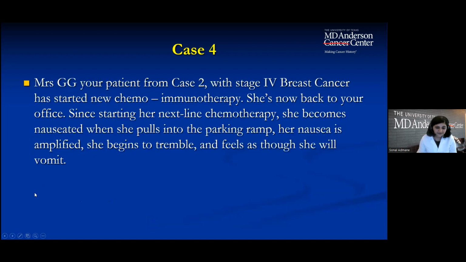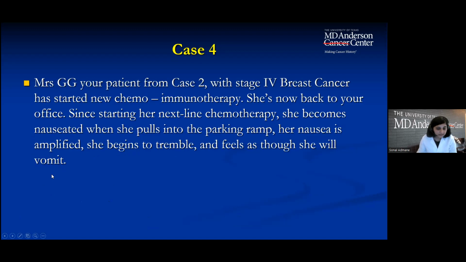Moving on to a new case. You see your patient, the one you saw a few months ago, who was on chemotherapy with cisplatin, and is now on a chemoimmunotherapy regimen, a new regimen that she has recently started.